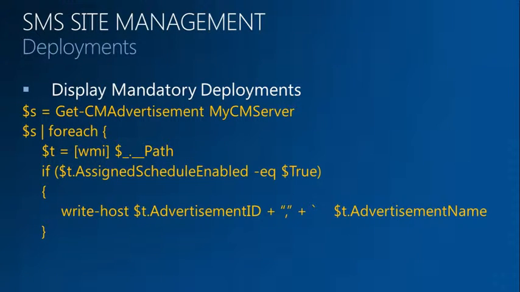You actually have to get all advertisements, and then you do a foreach loop, and then in each one of those, you use the WMI accelerator to get the entire object, and then you can see if the assigned schedule is enabled or not. And then display it or do whatever you want with it. So just remember that anytime you're dealing with lazy properties, you have to use an accelerator or Get-Instance to get the specifics for that object.